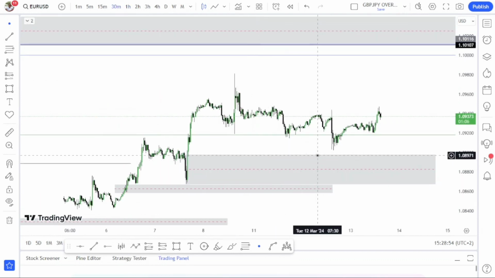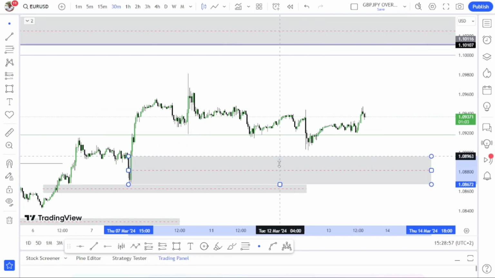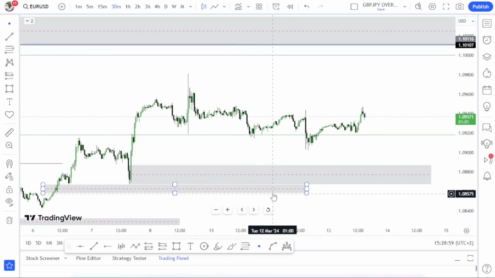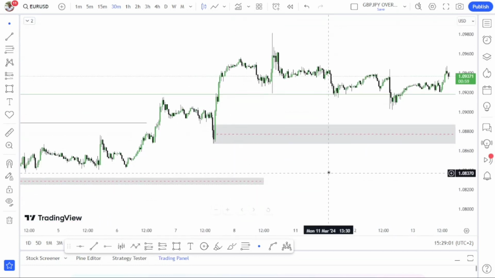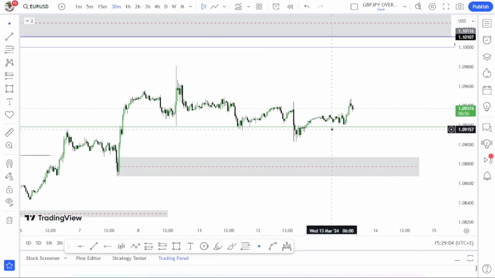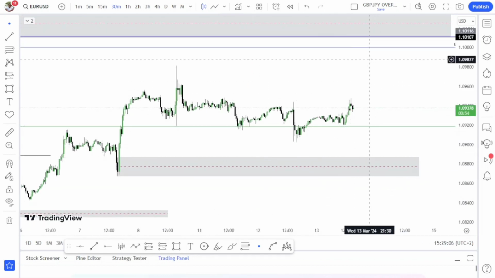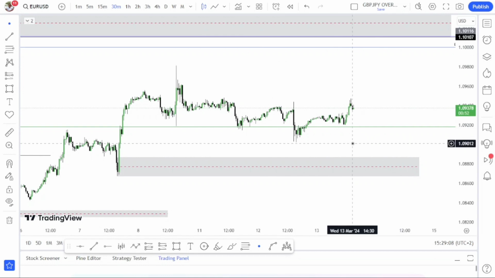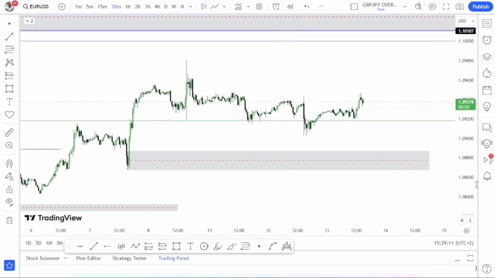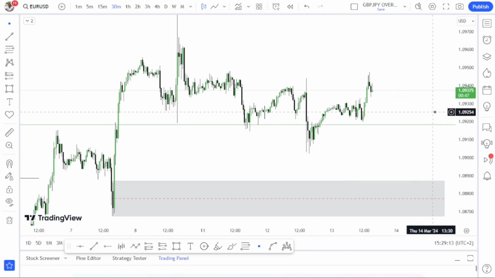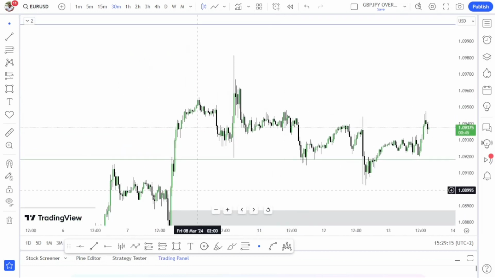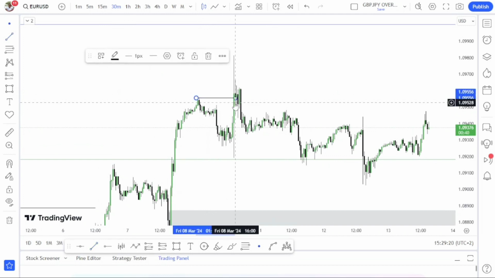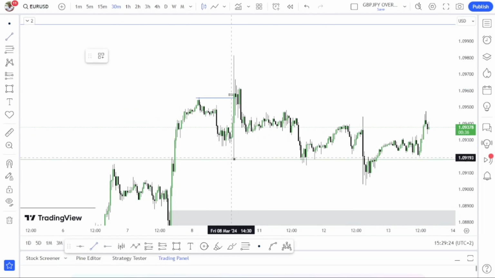We can see there and just remove this. We're at an equilibrium, so I'm still expecting a bit of bullish movements from Euro USD before we can overall go down with the bearish movements. Another thing that happened here, guys, liquidity was swept, buy side liquidity right here.